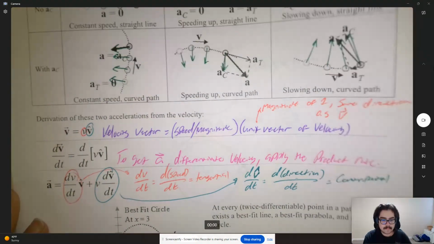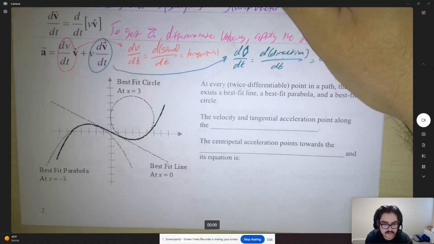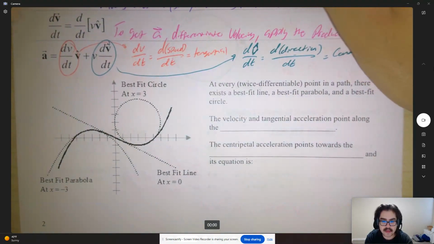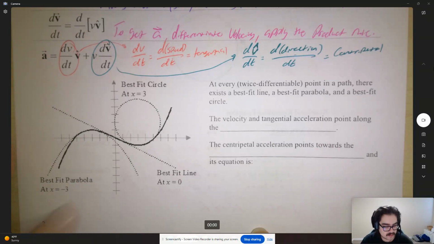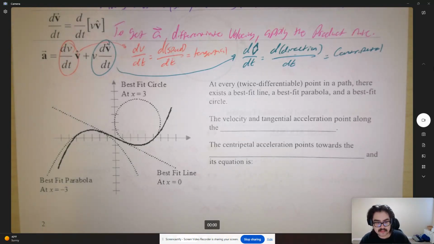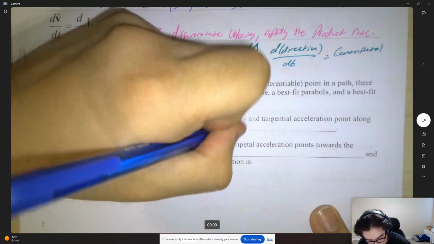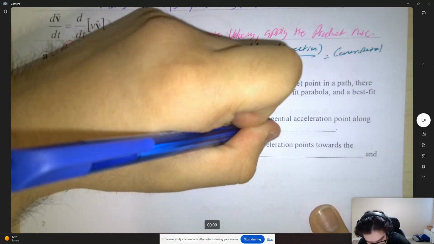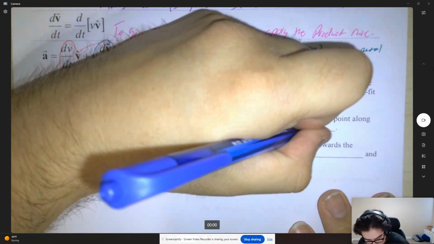And then the final part that I want to go over really quickly is that at every twice differentiable point in a path, there is a best fit line, best fit parabola, and best fit circle. What's important to note is that each of these things tells you something important about the motion. The velocity and tangential acceleration act along the best fit line, or tangent.